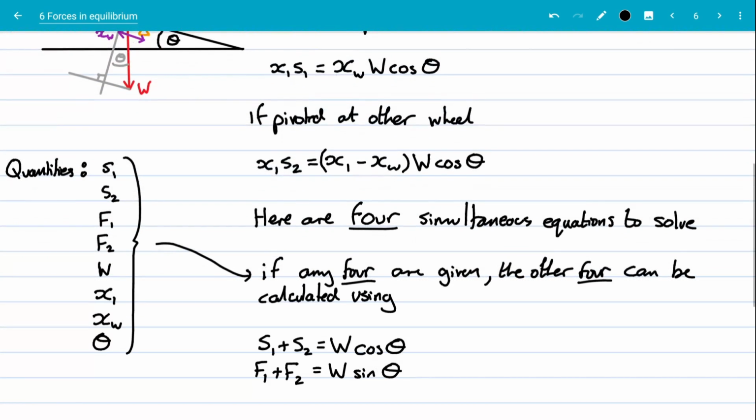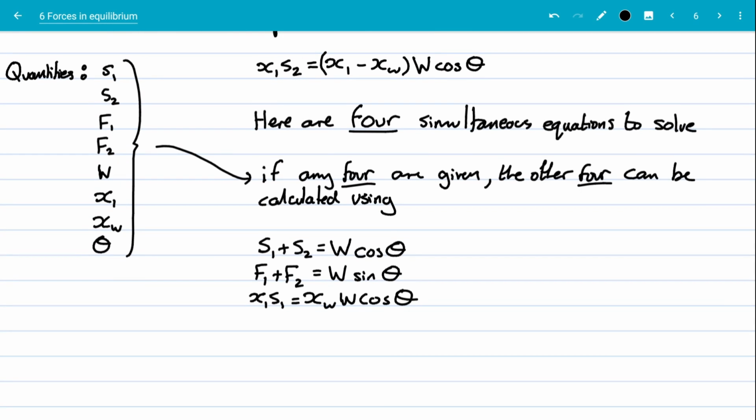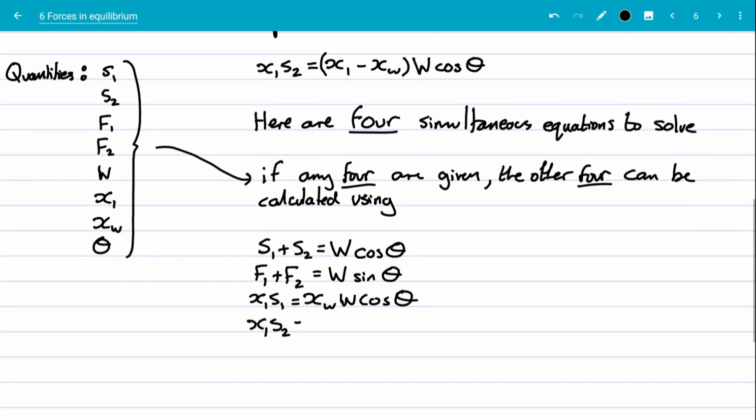We've got X1 S1 is equal to XW W cosine theta, and we've got X1 S2 is equal to X1 minus XW, W cosine theta.